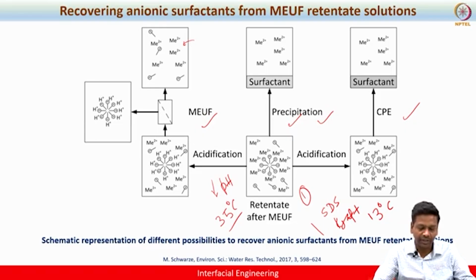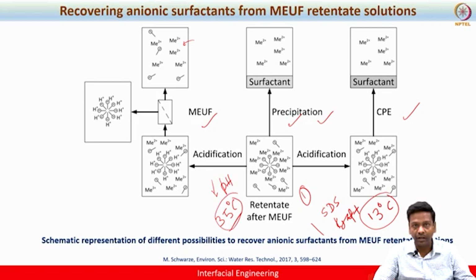So let's say we start from here. We know the Krafft point of the SDS is 13 degrees Celsius, and the Krafft point of this entire unit is 35 degrees Celsius.